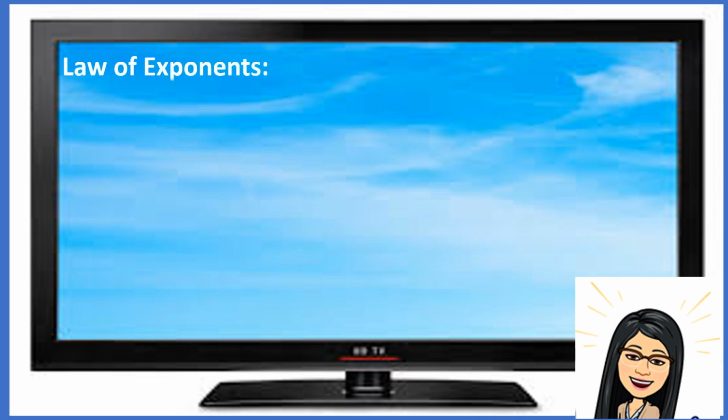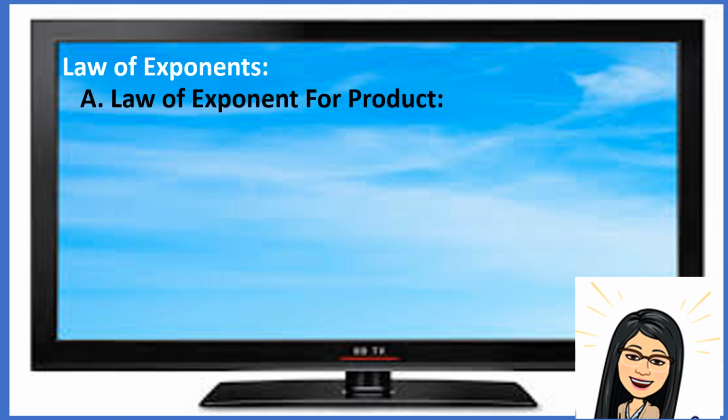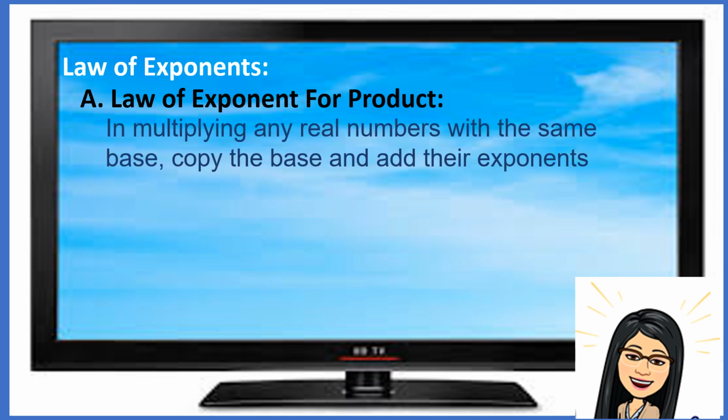Now, in simplifying integral, zero, and negative exponents, we have to consider and follow the law of exponents. Let us tackle them one by one. The first one is law of exponent for product, which states that in multiplying any real numbers with the same base, copy the base and add their exponents.